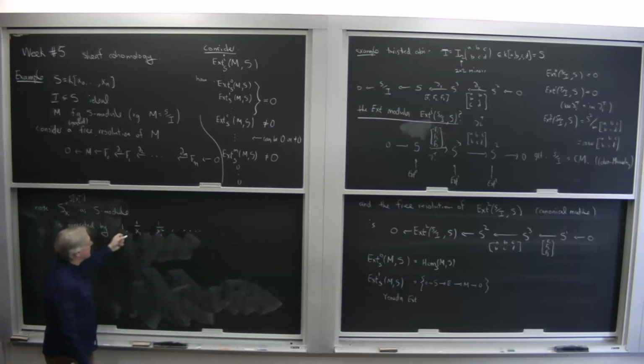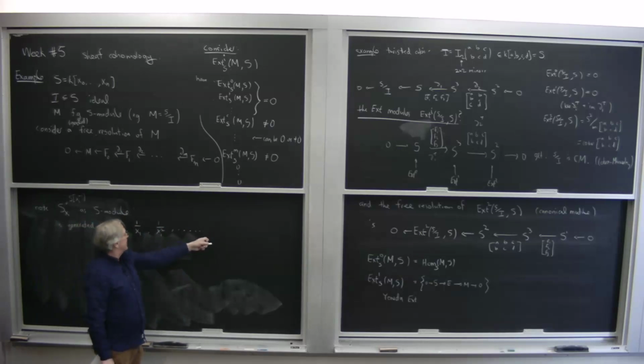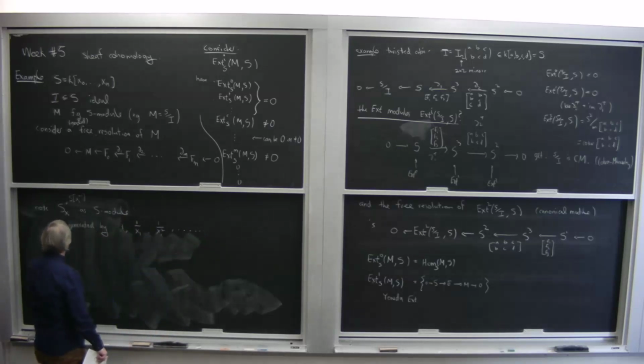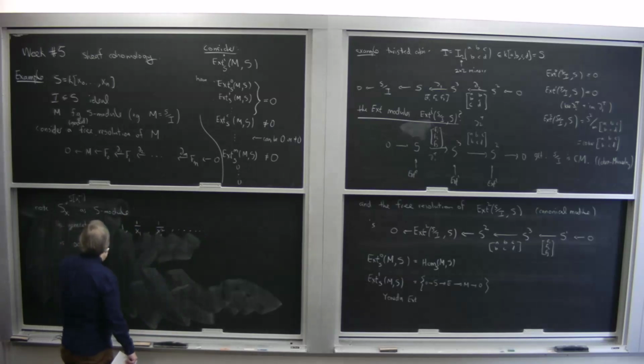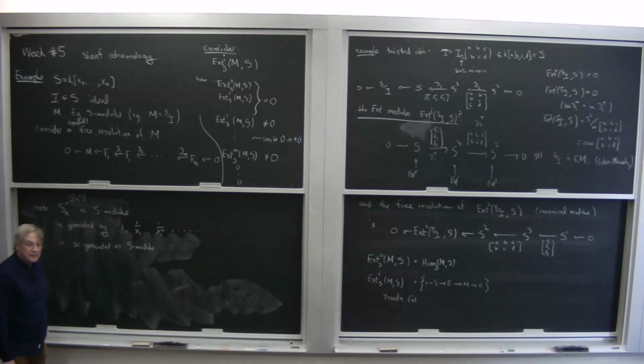So it's generated by an infinite number of guys. Or is it? Once I have one of these guys, all these other ones are in it because I can multiply it by X1, which is in S, and it will be in here. But it's still infinitely generated. So this is infinitely generated as an S module, which is kind of annoying.